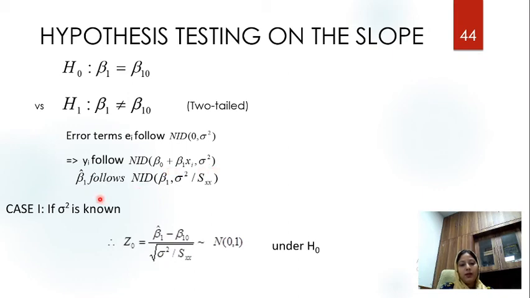This implies that beta 1 hat follows a normal distribution with mean beta 1 and variance sigma square by Sxx. Now, depending upon whether sigma square is known or not, we have two cases. Case 1, if sigma square is known, then the z statistic under h naught, z naught, equals beta 1 hat minus beta 1 naught divided by the standard error, and follows the standard normal distribution.